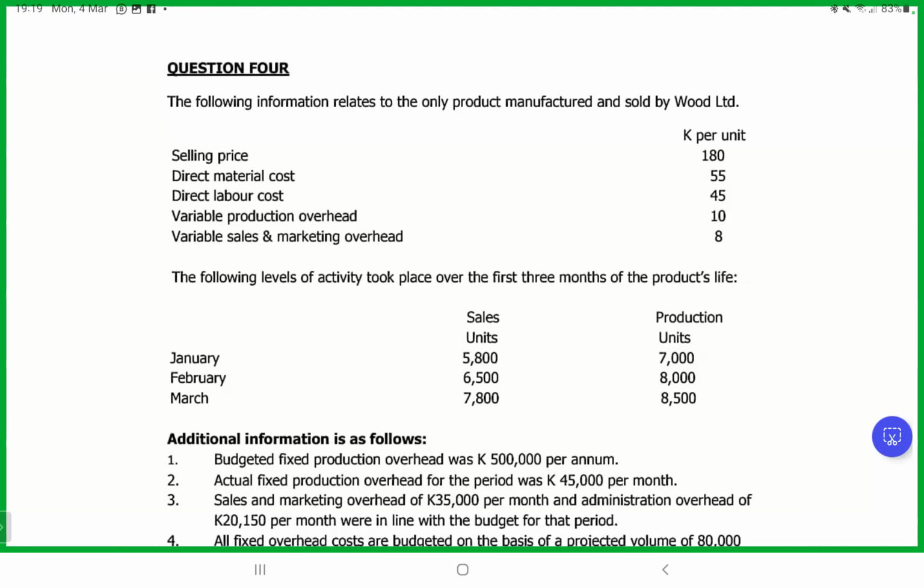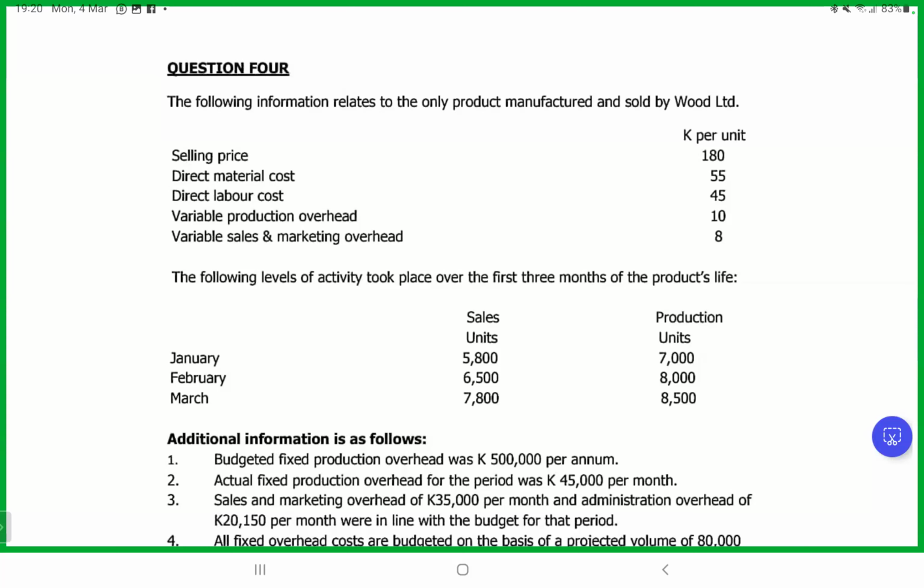Note that this company has the following costs. They have the direct material cost as they manufacture, given in the question, and the costs are given per unit. You can see the cost per unit on top is 55, and the direct labor costs per unit stand at 45.